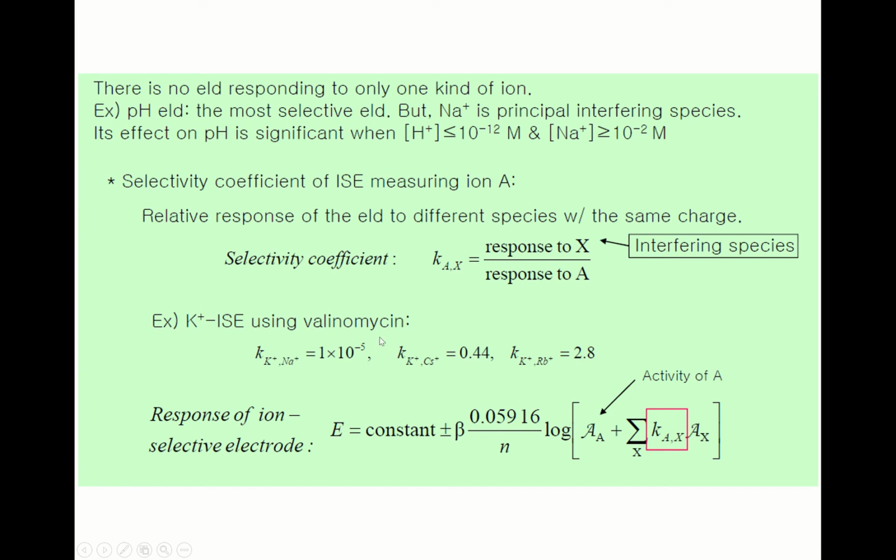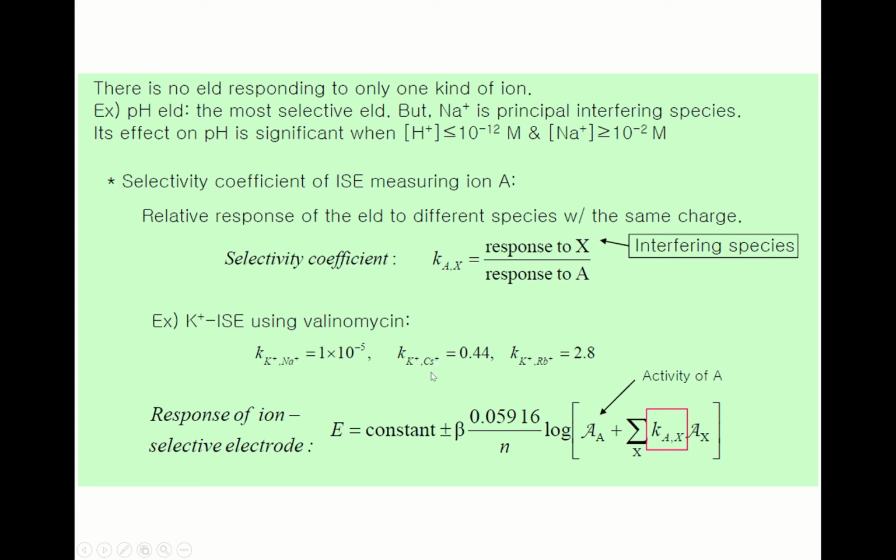Also, valinomycin responds to cesium ion, and the selectivity coefficient is 0.44. Wow, very large. But the cesium ion is not a common ion, so that case is quite rare.